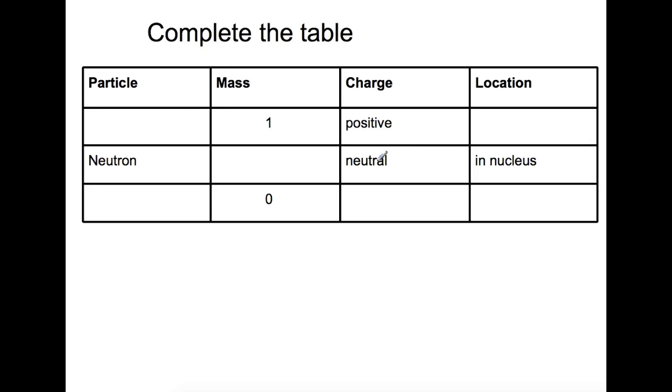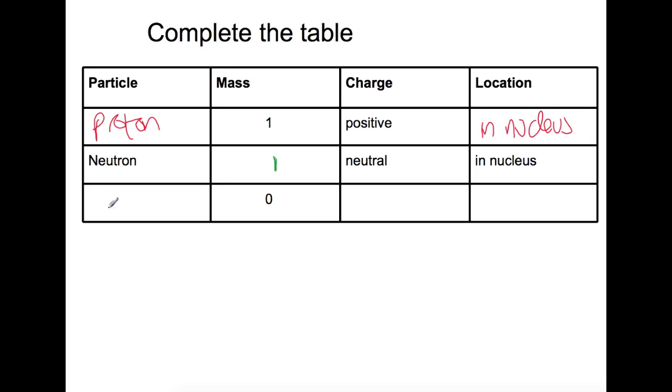We know that it has a neutral charge and it's found in the nucleus, so all we need to do is fill in the mass, which is the same as the one above, which is 1. So if we have our neutron with a mass of 1, the other particle which has a mass of 1 is the proton. It has a positive charge and it is also found in the nucleus with the neutrons.